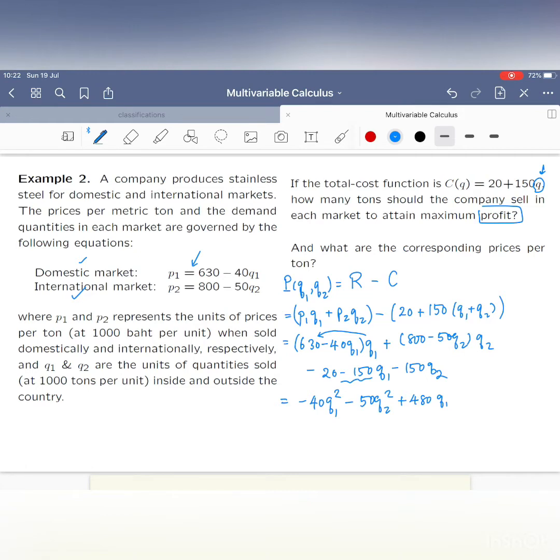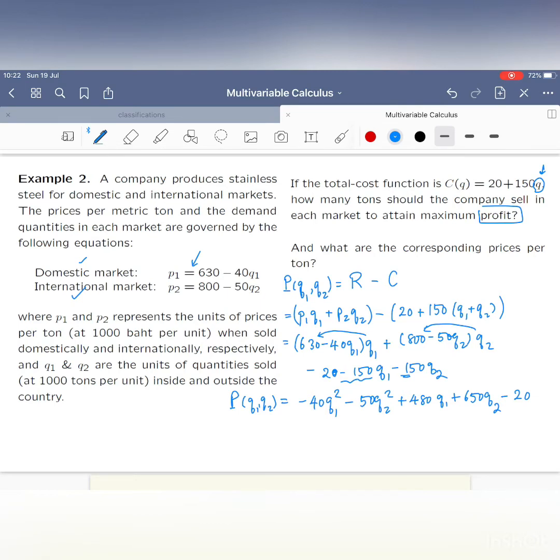And then you have your 800 Q2 and take away another 150, so you have 700 and another 50, so you have 650 Q2. And don't forget minus 20, so this is your profit, which depends on Q1 and Q2.